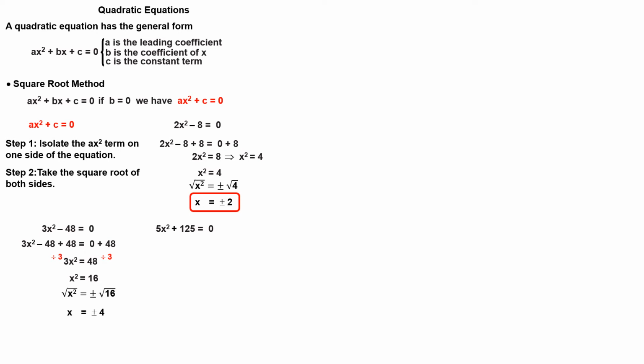It's done. Subtract 125 from both sides and then divide both sides by 5. This has no solutions since x squared cannot be negative.